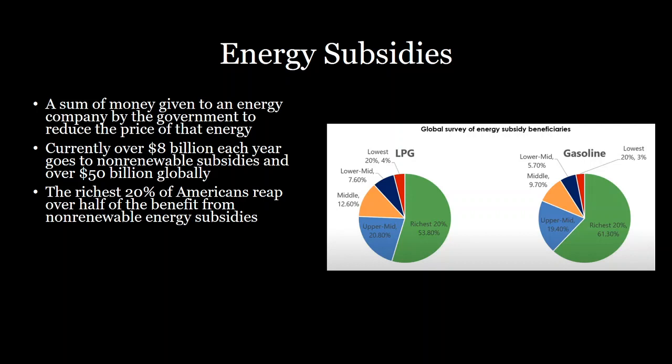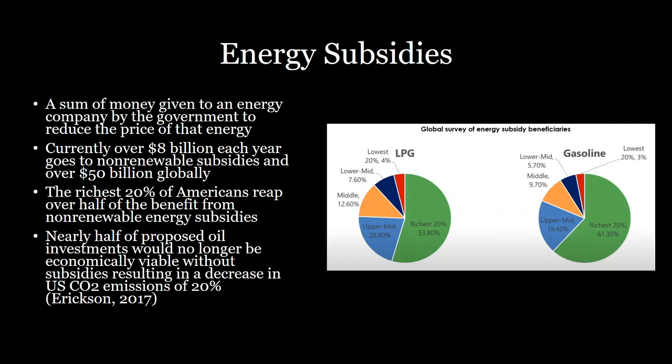So the richest 20% of Americans get 54% of the benefits from natural gas subsidies and 61% of the benefits from gasoline subsidies. And so only a very small fraction, 4 and 3%, goes to the poorest communities. And so the benefits are definitely not proportional, and it's definitely evidence of structural inequalities within the system.